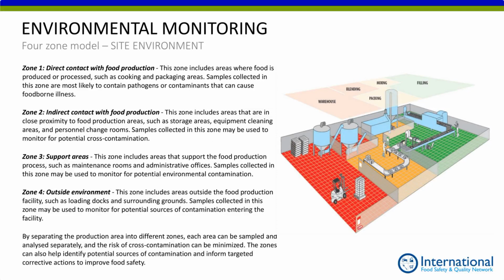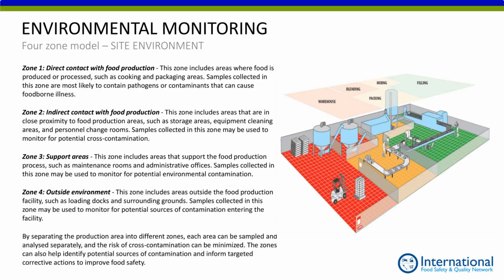You will test the personal change rooms for the presence of, let's say, total plate count, because you want to see is the cleaning okay in this area, because if it's not done, then you will have maybe cross-contamination of personal hands or let's say uniforms, and then this could be entered into zone 1. So zone 2 is also canteen, where employees sit down during their lunch break, and then other microorganisms can happen on their uniform, or that is not present ordinarily in zone 1.